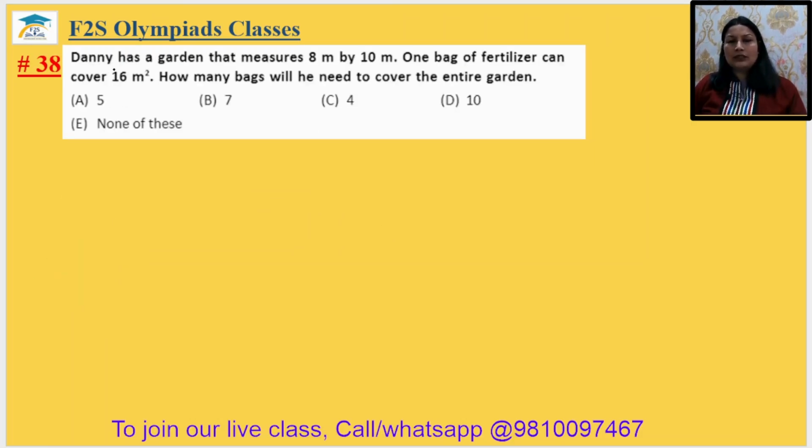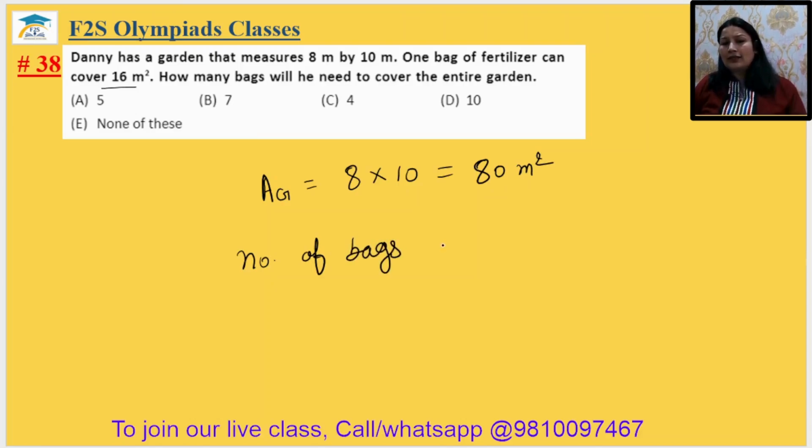Question number 38. Danny has a garden that measures 8 by 10 meter. One bag of fertilizer can cover 16 meter square. How many bags will he need to cover the entire garden? Okay, first find the area of the garden. AG I am writing here. It is 8 multiplied by 10, that is 80 meter square. Now number of fertilizer bags required.